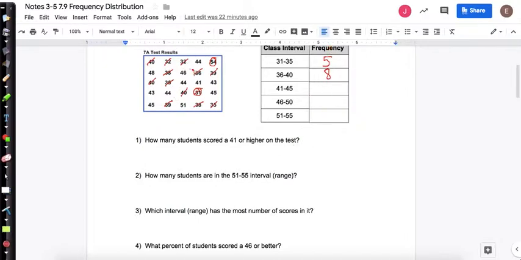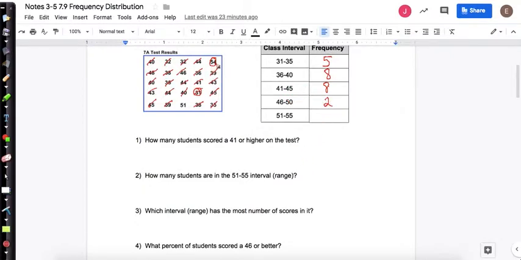Now 41 to 45, 1, nothing, 2, 3, 4, 5, 6, 7, 8. So the frequency is 8. And now 46 to 50, I go through 1, 2, and nothing. So the frequency is 2.